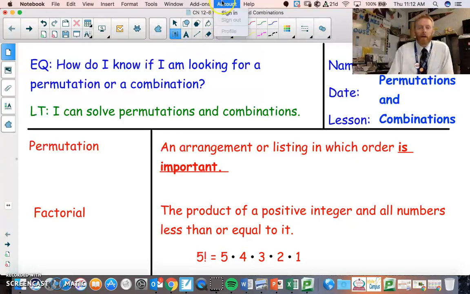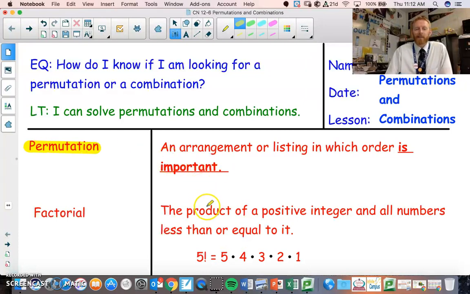So what we have here is some vocab. A permutation is a list of numbers in which the order matters. So we want to make sure that we understand that the order in which those things take place is important. Kind of like when you go to your locker and you turn your dial to finally get into your locker.